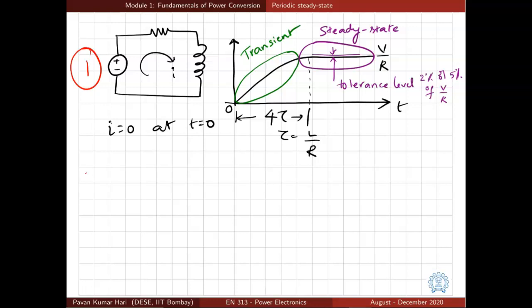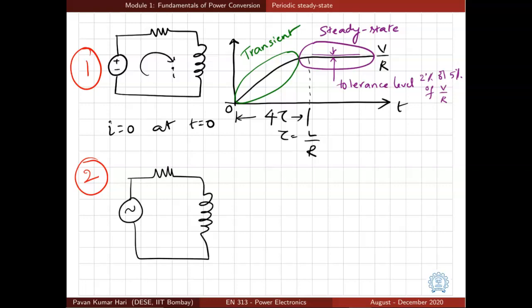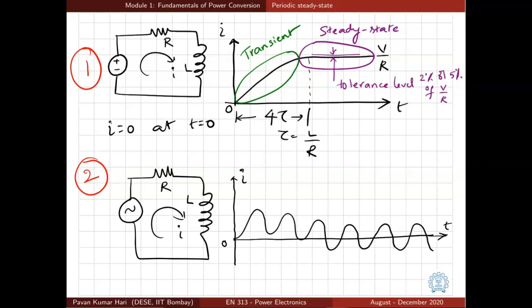Now let us consider the second example of steady state. What happens if we connect the same RL circuit to a sinusoidal voltage source? Again, with the same initial condition of zero current, we can show that the current follows this kind of shape with respect to time.